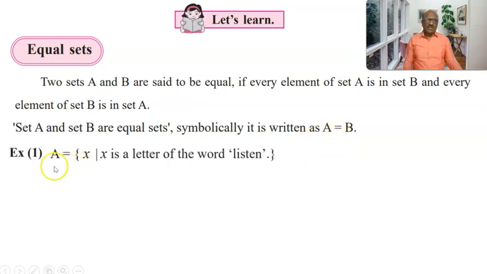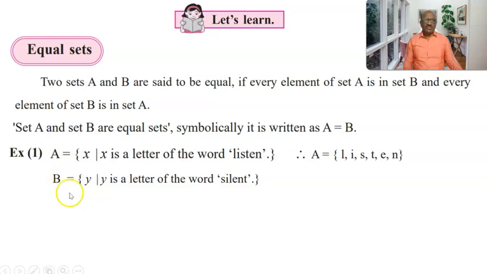Now the example, A is equals to, in curly bracket x such that x is a letter of the word listen. Okay, मग listen मध्ये काय येणार? L, I, S, T, E, N, and B is equals to, in curly bracket y such that y is a letter of the word silent. Okay, now these are the S, I, L, E, N, T. दोन्ही सेट्स कसे आहेत? सेम आहेत, जरी ऑर्डर त्यांची डिफरंट असते तर.